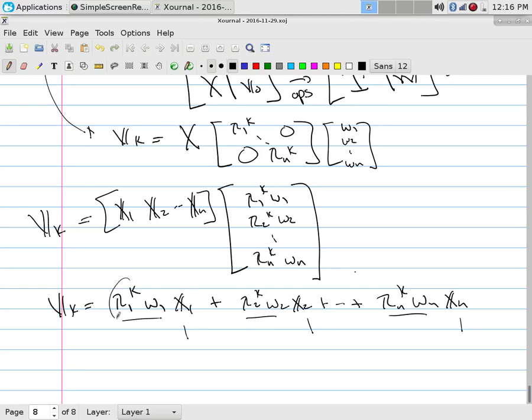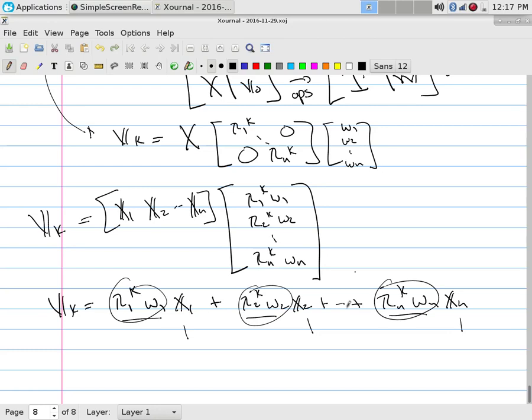How much do you get? Well, how much are those? Who's the only guy that changes? For this, the w's you could find once, right? Just go ahead and do this augmented matrix. You find your w's. Your lambdas, you already found them. What are your x's? Those are the eigenvectors. You already found them.